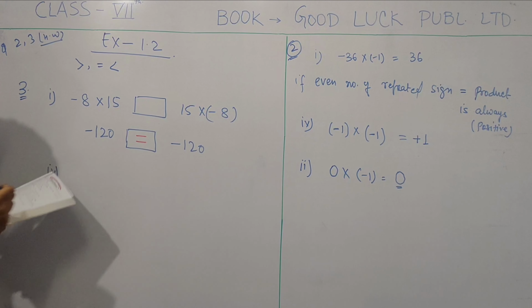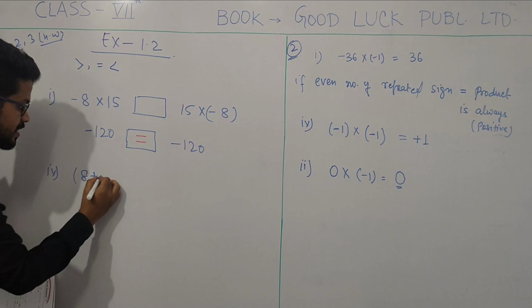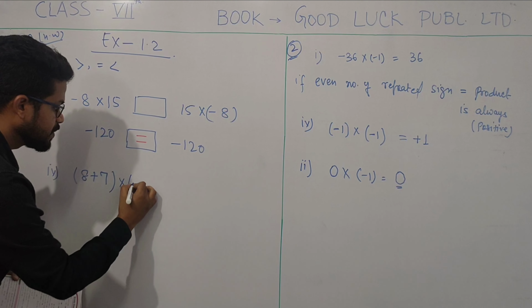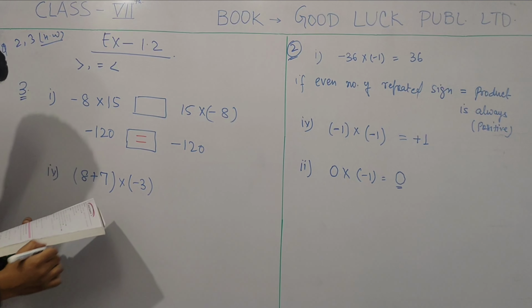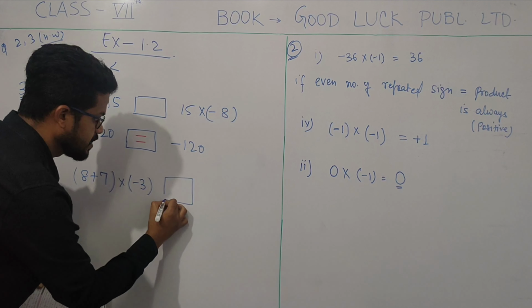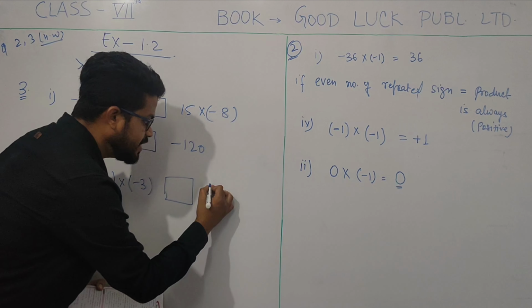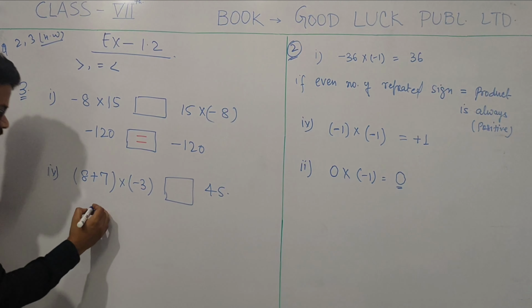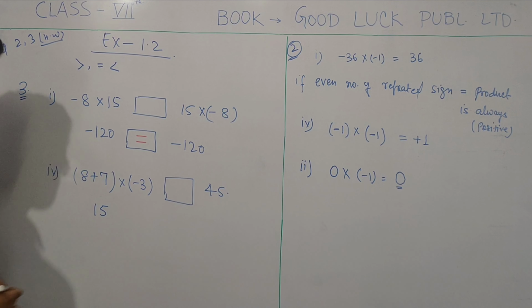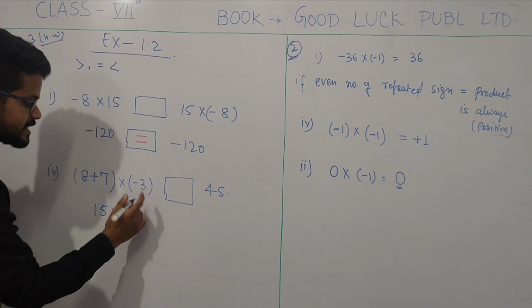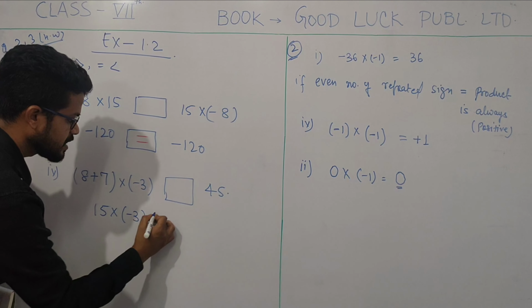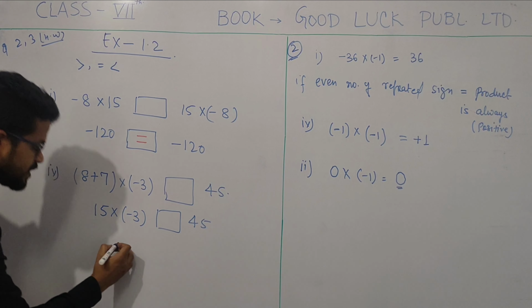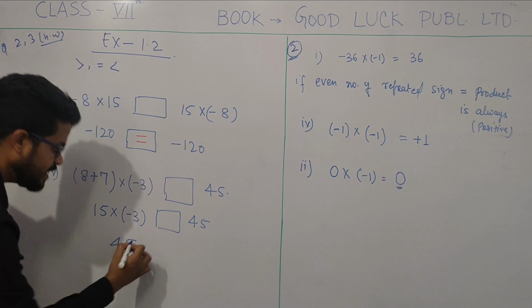The question is 8 plus 7 into -3, and this is 45. Now this is 8 plus 7. 8 plus 7 is 15. So 15 into -3, and this is 45. 15 into 3 is 45.